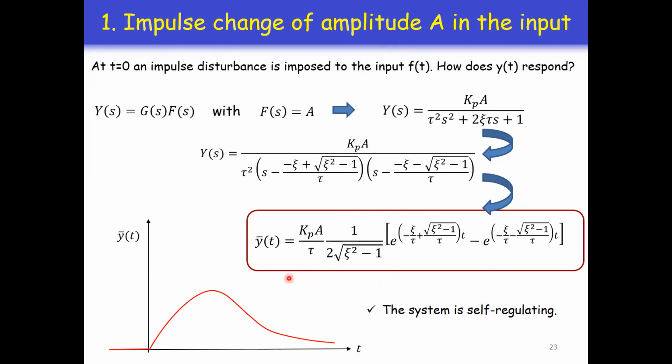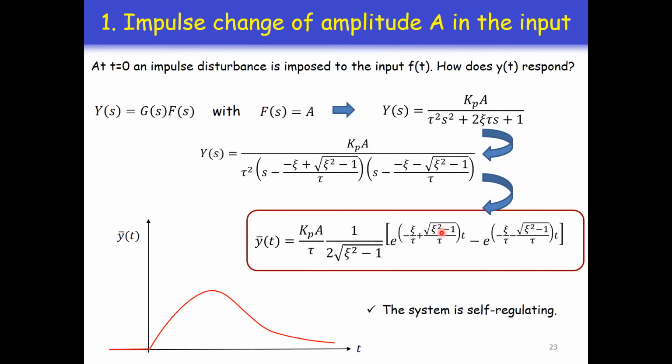I know that this expression looks very unpleasant, but it is what it is. So we are not interested in equations. We are interested in understanding the physical meaning. So let's build up the graph of this response. If the time is equal to 0, what happens there?